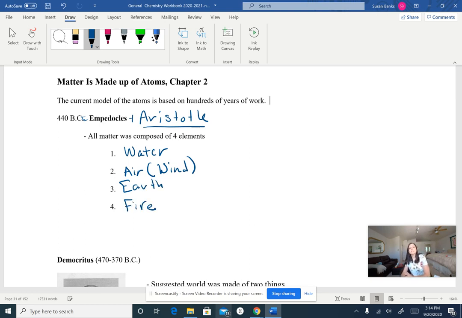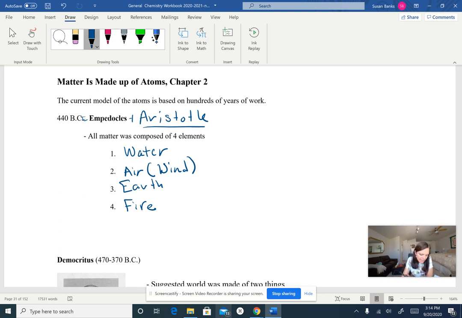So a lot of you guys are familiar with this through the anime, The Last Airbender. We had water people, air people, or wind people, earth people, and fire people. So that's where they came up with that idea for that anime, is basically the Aristotelian or Empedoclean theory of matter. So this is the idea that they had here.